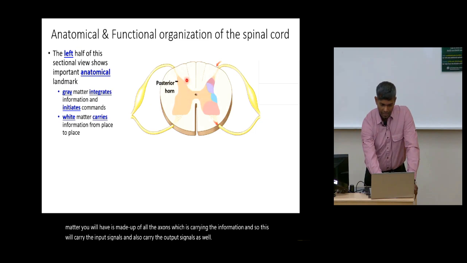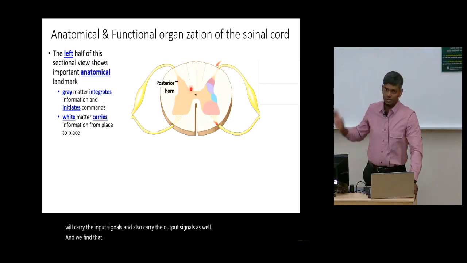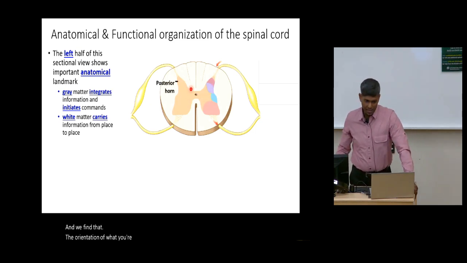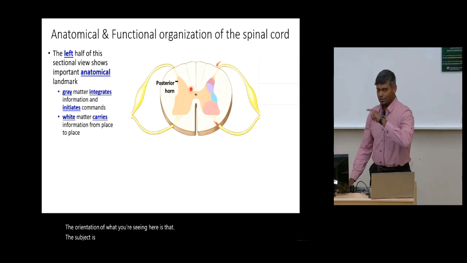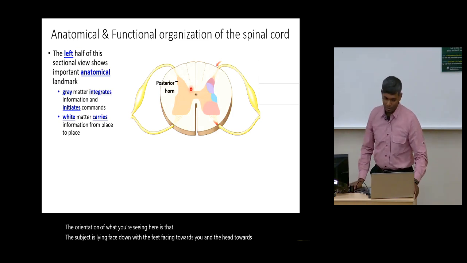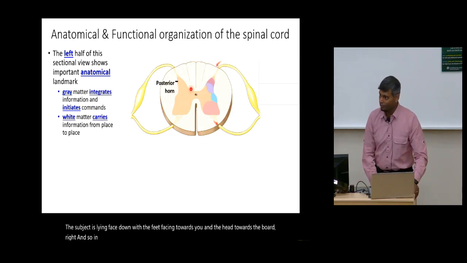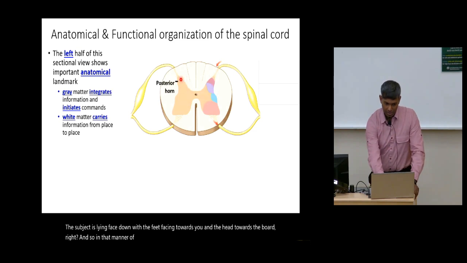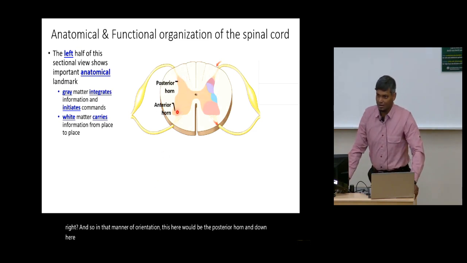And we find that the orientation of what you're seeing here is that the subject is lying face down with the feet facing towards you and the head towards the board, right? And so in that orientation, this here would be the posterior horn, and down here we would have the anterior horn, right, in the spinal cord.